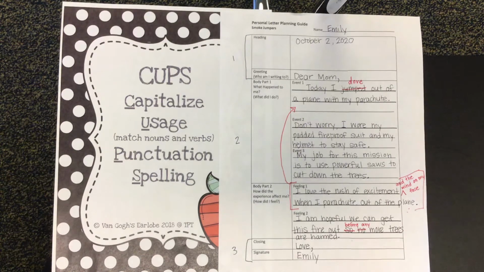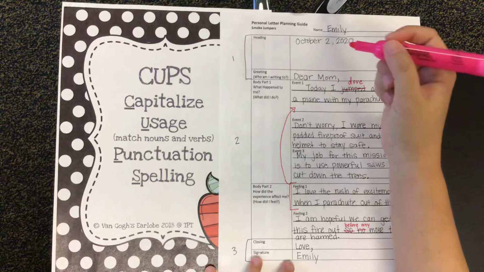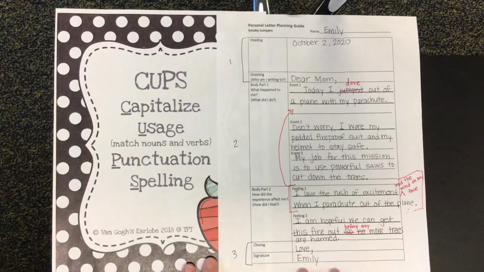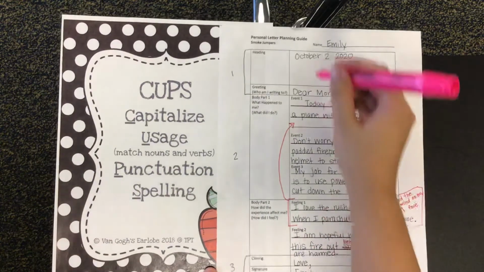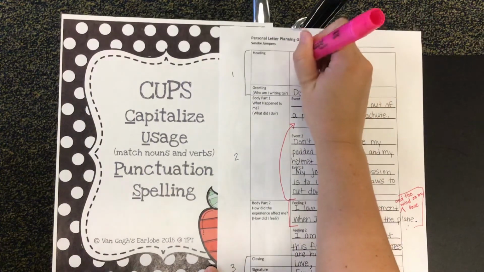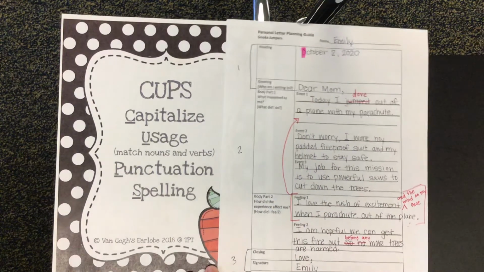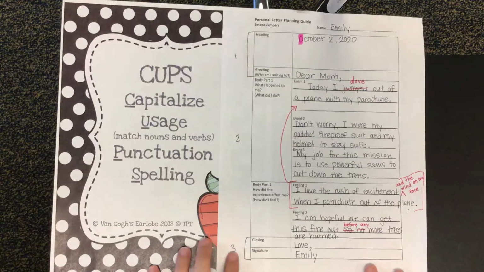And what I'm going to do is I'm going to go through and make sure that I've got everything capitalized that needs to be. So starting up at the very top here, October needs to be capitalized, right? That's the name of the month. So make sure that your date is capitalized.